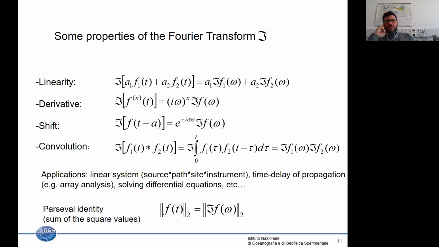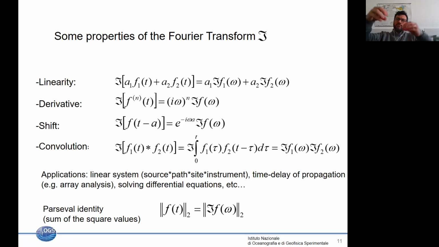Another important property of a Fourier transform is related to the shift in time of the signal. So just imagine you have a pulse at a certain point, and then you move this pulse in your time series by a quantity A. When can we have this example?